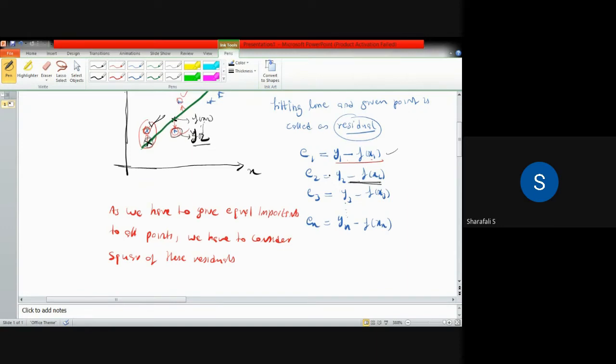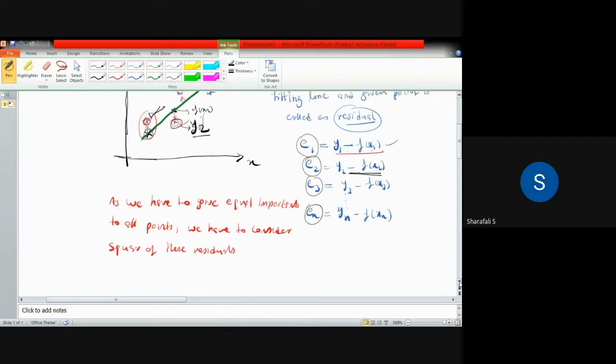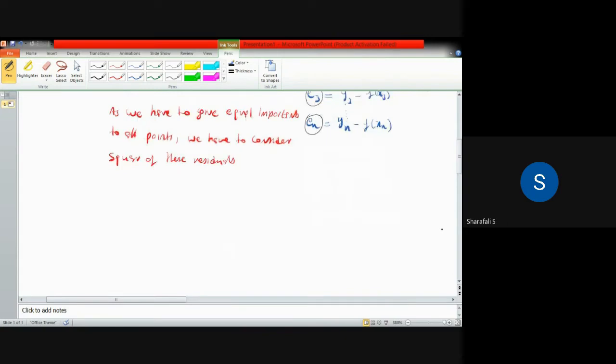So this term is going to become negative. So if you want to give equal importance to all those points, then we have to consider the square of each of these residuals. In that case, we can write capital E, which is equal to sigma i equal to 1 to n, the sum of residual square.